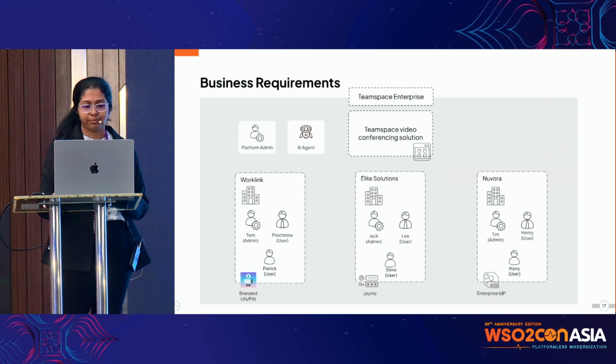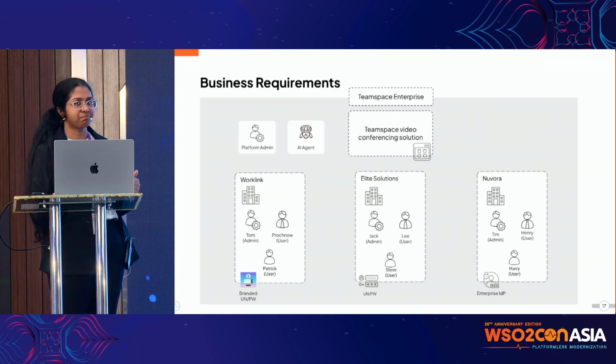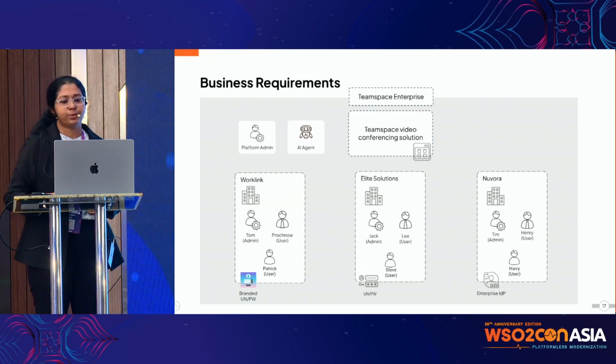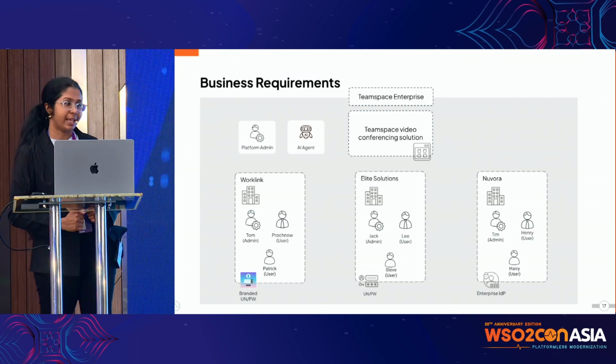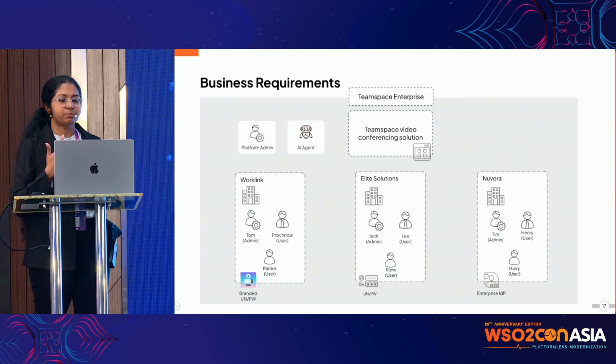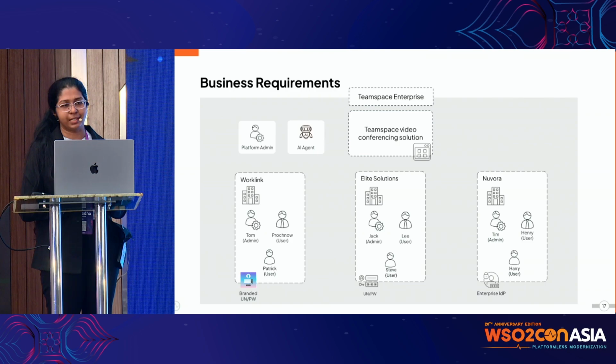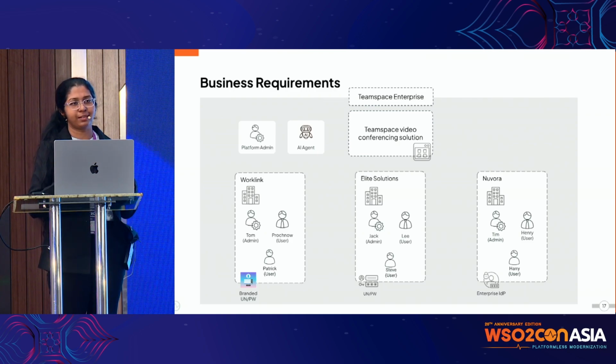And finally, now we are in an AI era. Therefore, AI agents are playing a major role in every business. So TeamSpace also wants to use AI agents to efficiently allow users to schedule meetings without filling out long forms.